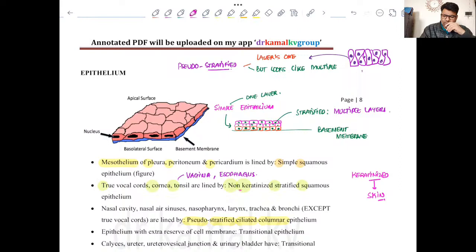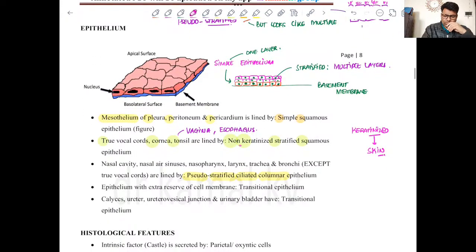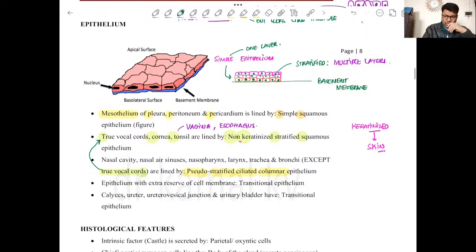Ciliated means there will be presence of cilia, so it becomes ciliated. So this is cilia, so ciliated. The exception is the true vocal cord, because the true vocal cord is lined by non-keratinized stratified squamous epithelium.